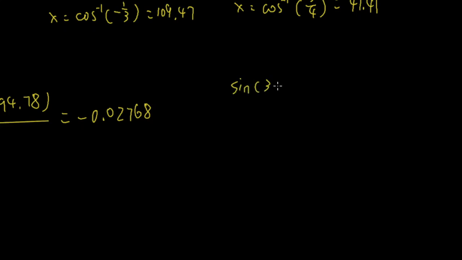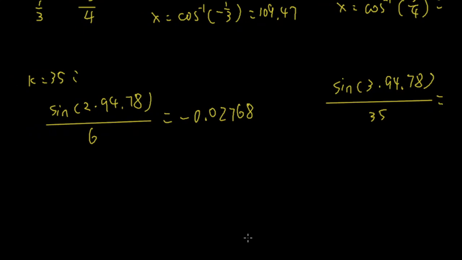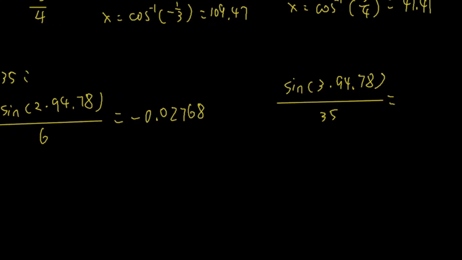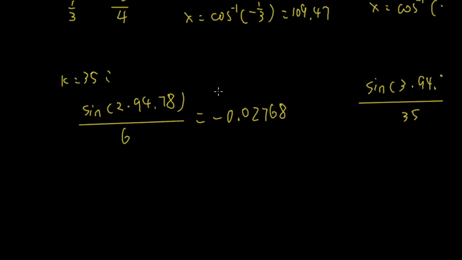Now, let's try the right side of the equation. Sine 3x, so 3 times 94.78, divided by k. This is k, so we say that this is 35, as the first pair. Negative 36 plus 1 is negative 35, then negative k is equal to negative 35, then k is equal to 35.